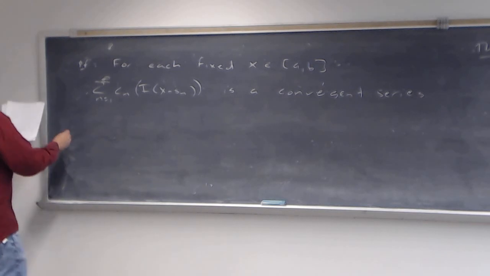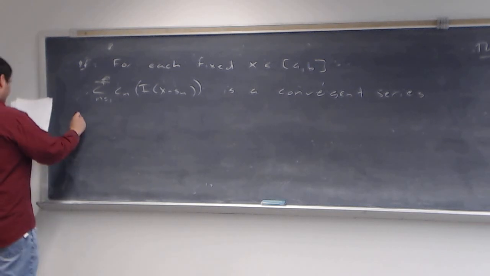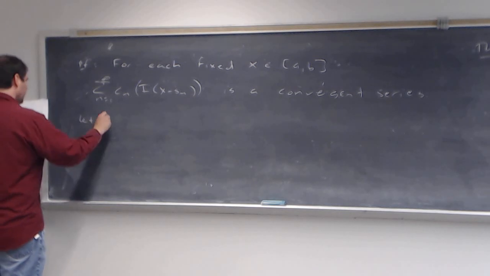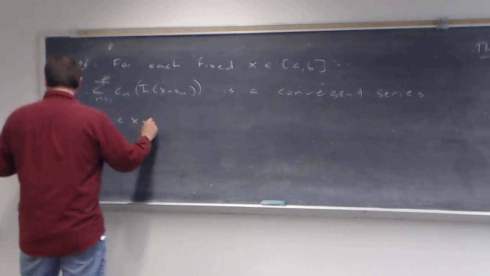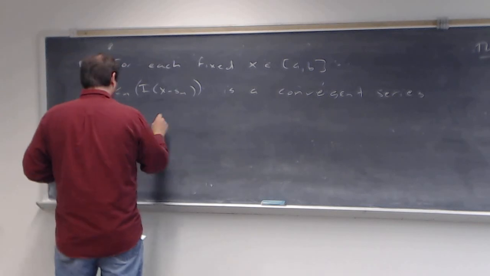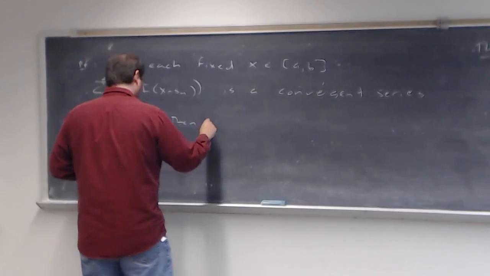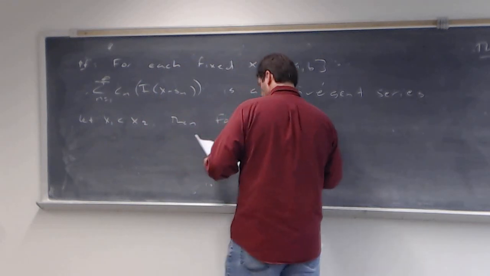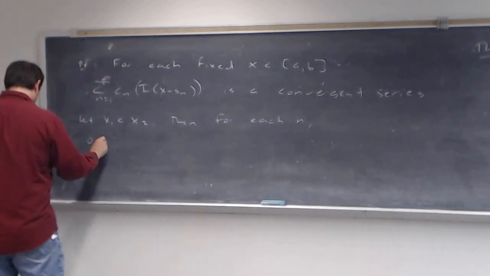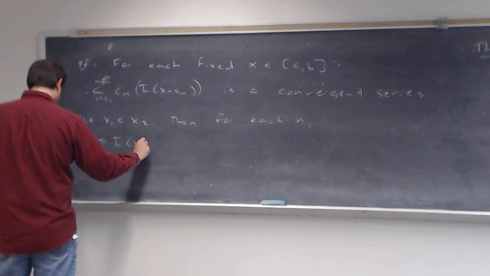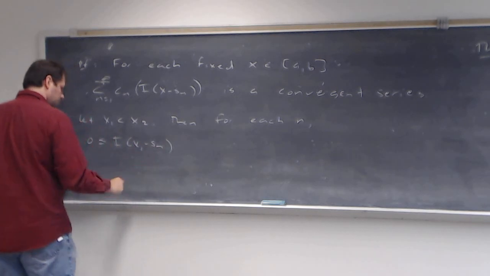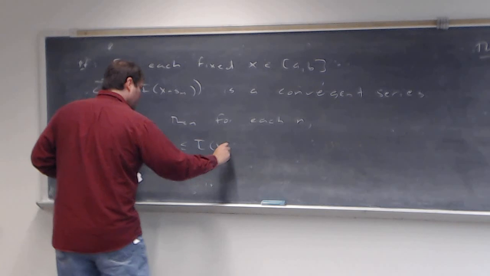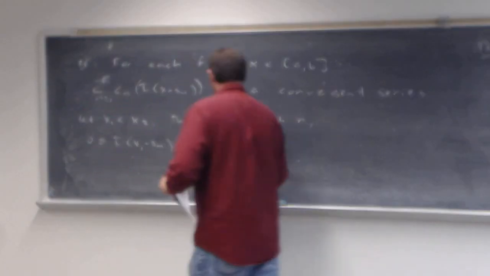Okay, the last thing I'll say is if we let x sub 1 be less than x sub 2, then for each n, we have 0 is less than or equal to I of x sub 1 minus s sub n, which will be less than or equal to I of x sub 2 minus s sub n.